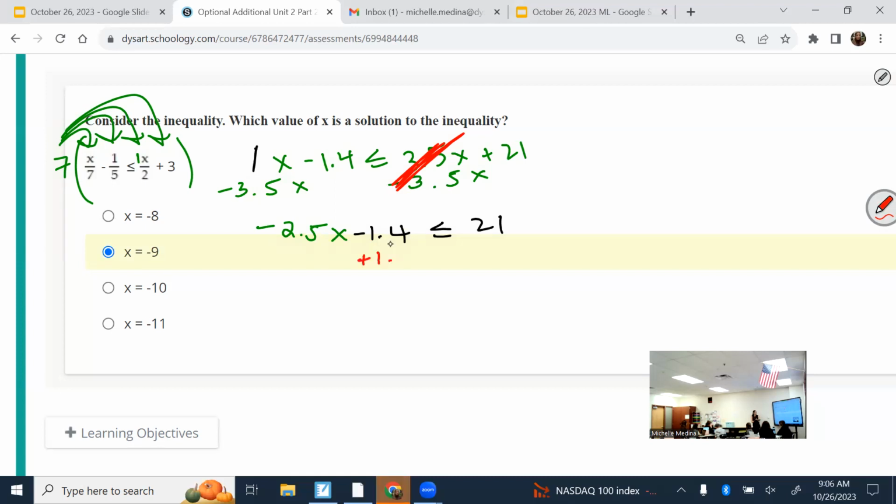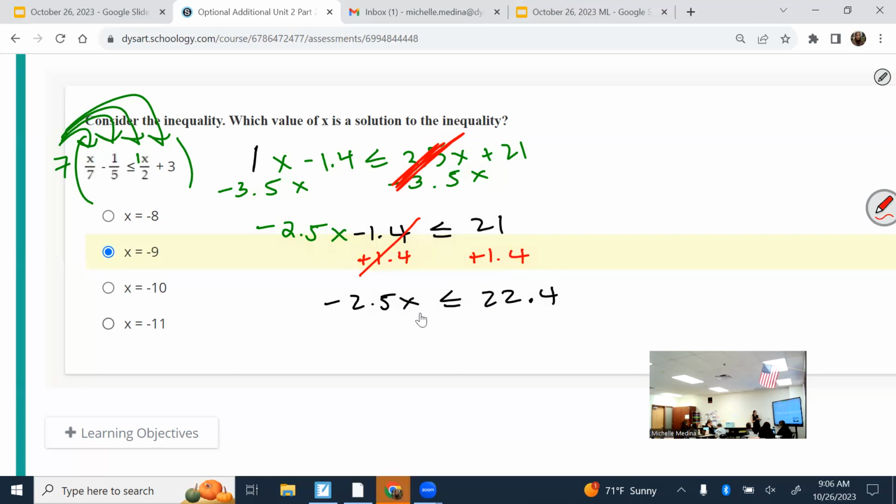So we're going to add 1.4 to both sides. On the left, I just have the negative 2.5x. On the right, 21 plus 1.4 is 22.4.